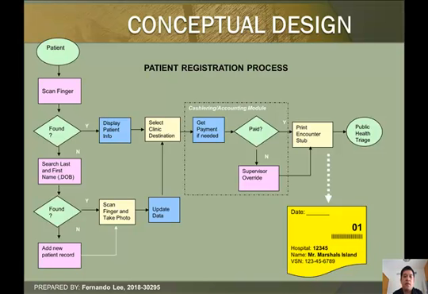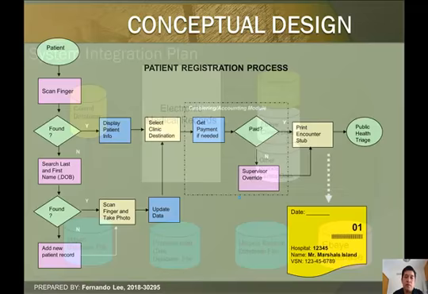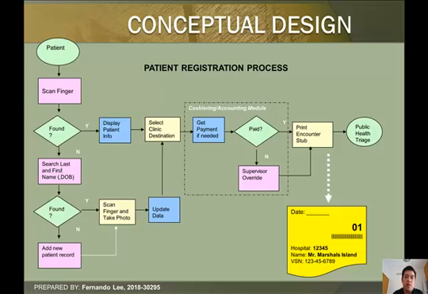Okay, so basically the patient registration process will start with the patient coming in, and then they have this finger scanning. This is to make sure that this person is the real person. So you scan the 5 fingers.